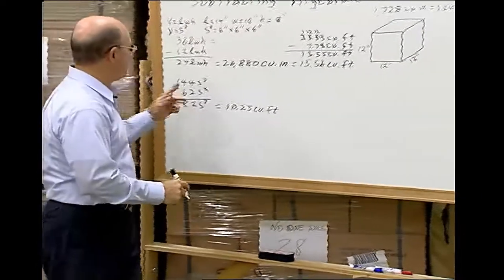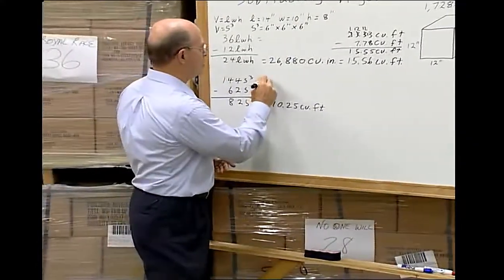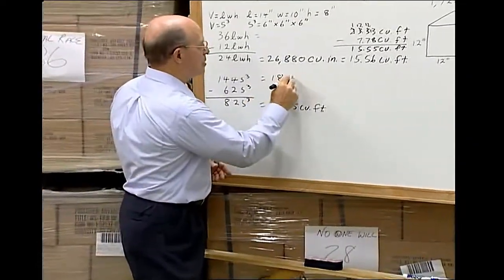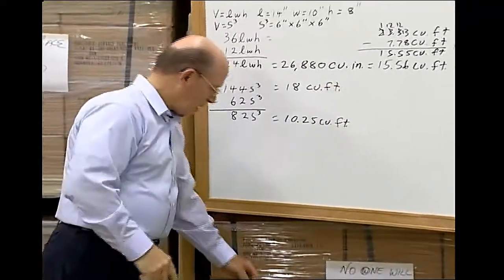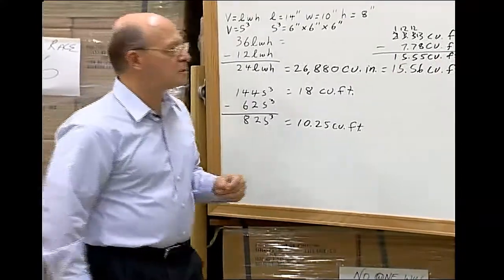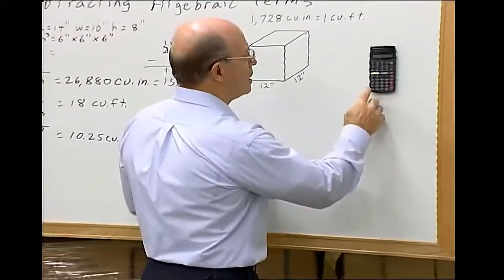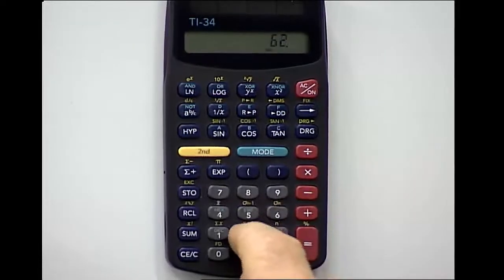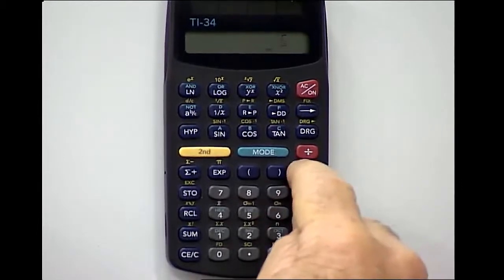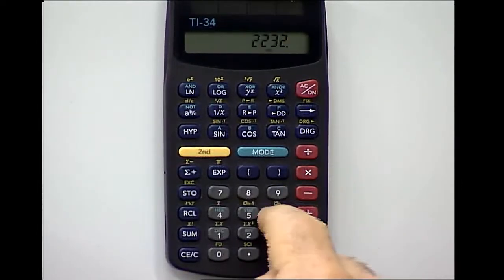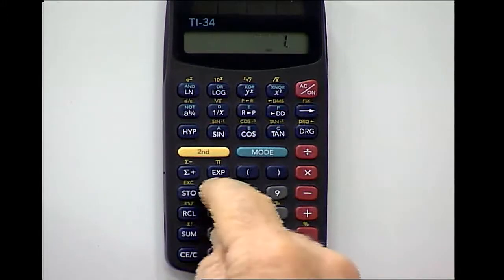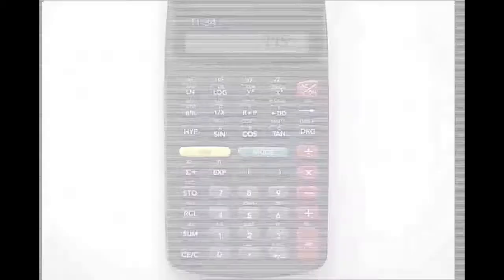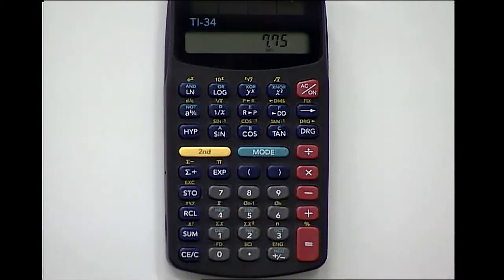So 144 of these cube boxes equals 18 cubic feet. Let's find out what 62 equals. Clear. 62 times 6 times 6 times 6 equals 13,392. Divide that by 1728, and that equals 7.75.